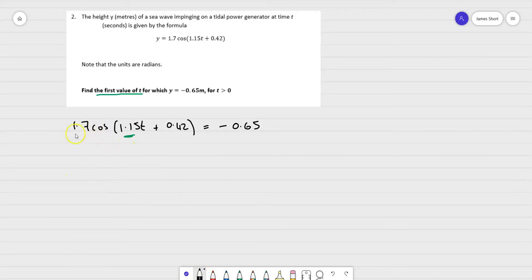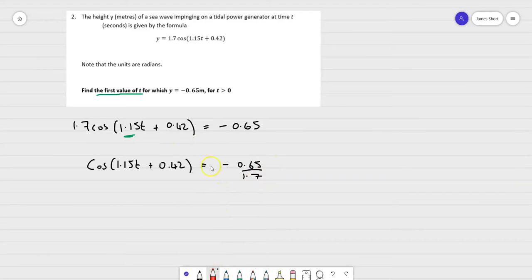So the first thing to do, we're going to take this 1.7 to the other side, which leaves us with cos of 1.15 t plus 0.42 is equal to minus 0.65 over 1.7.